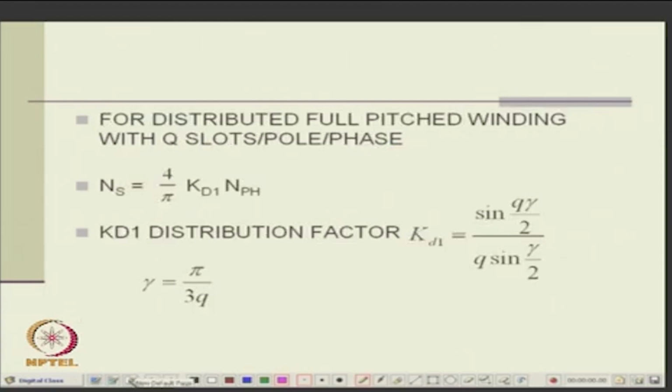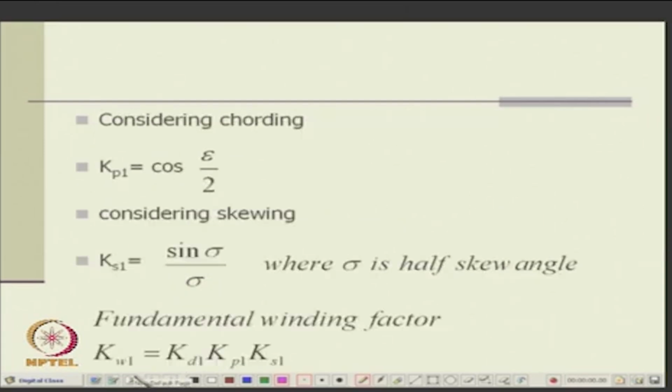Then usually you are aware of what the distribution factor for the fundamental is, isn't it? I hope you know the distribution factor, concentrated versus distributed, right? Anybody having a doubt on this? Anybody who does not know the distribution factor? Okay. And you know the pitch factor also if it is short pitched, and you know the winding factor, which will be pitch factor times distribution factor.